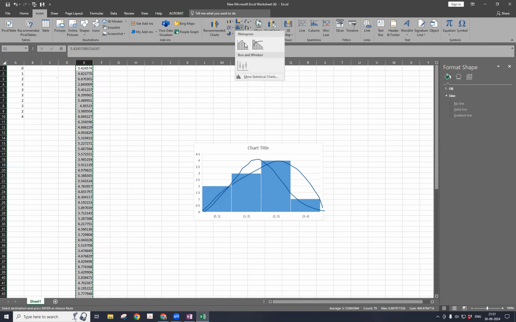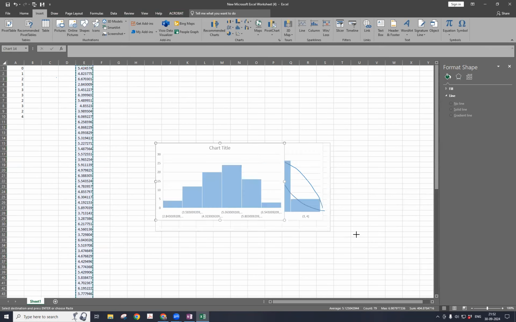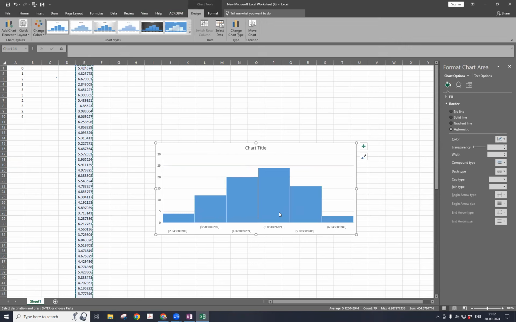In this particular histogram, you can clearly see that this is much closer to a normal distribution.